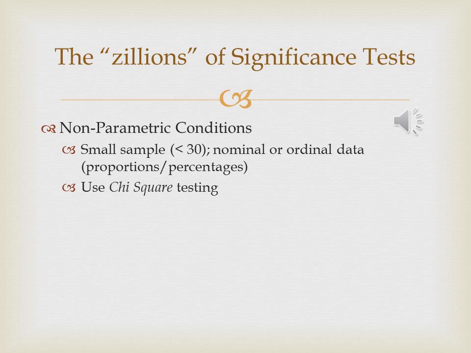And probably the most used measure of significance is the chi-square. And the reason for that is it's used for non-parametric conditions where the sample size is not big enough, or you have nominal or ordinal data, and you're looking at proportions or percentages. And that's what you did when you did the chi-square test this week in your SPSS assignment.